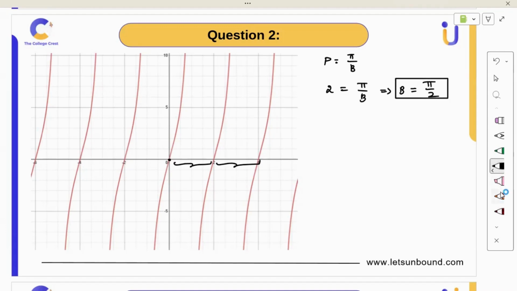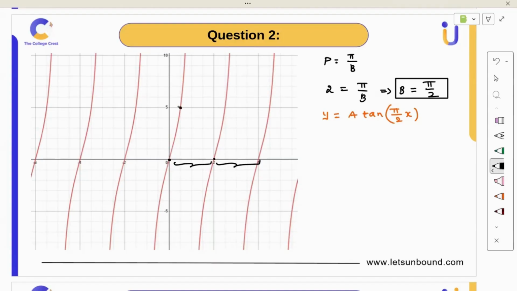Now your equation is y equals a tan of pi by 2 times x, right? How can I find a? You can pick some point, since the only unknown is a. If you see any notable point which is exact, that is better, like (0, 0) or (2, 0).